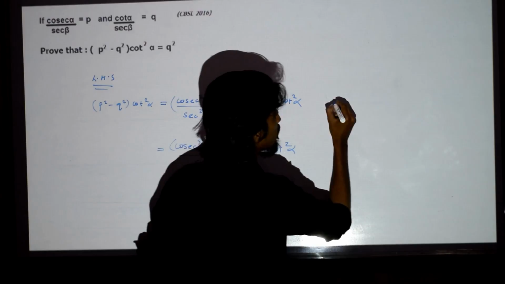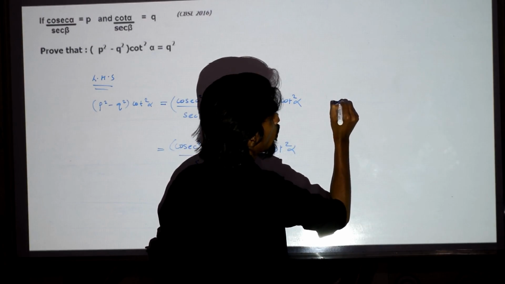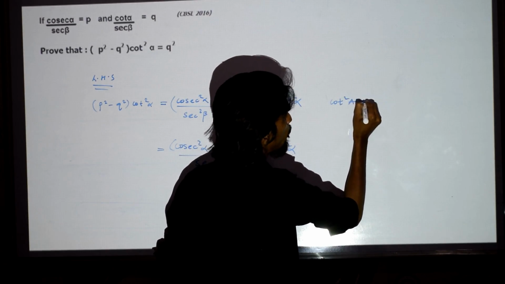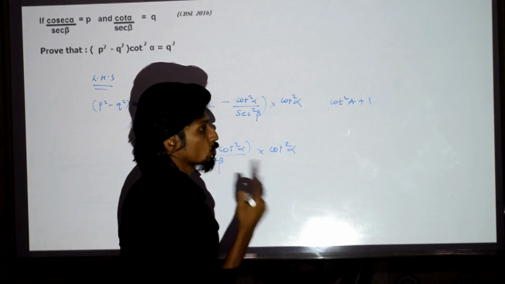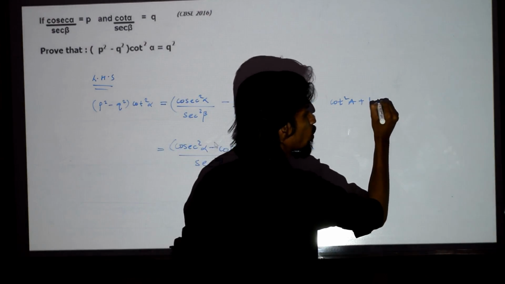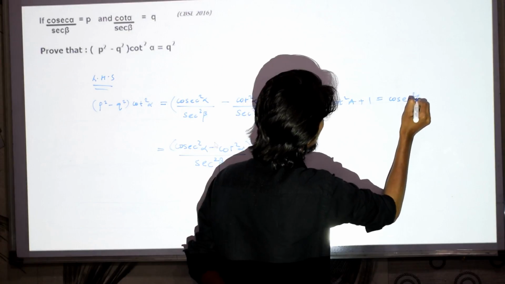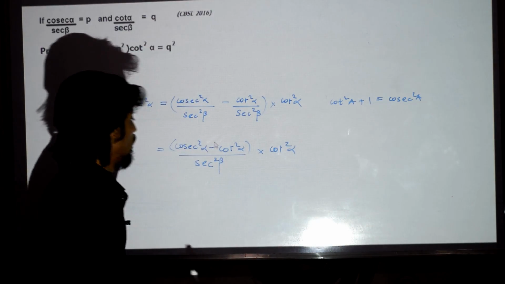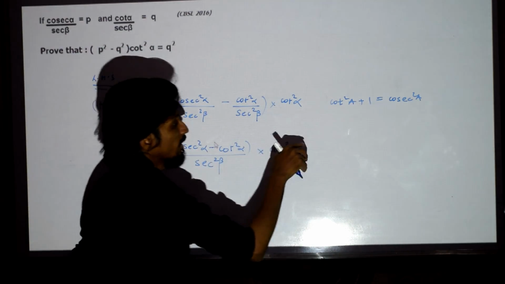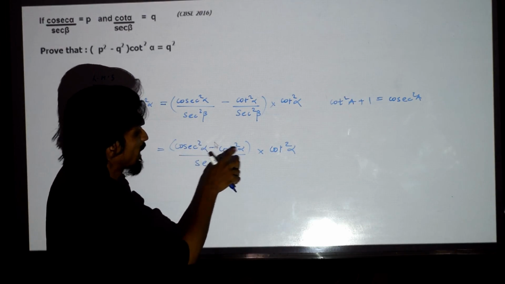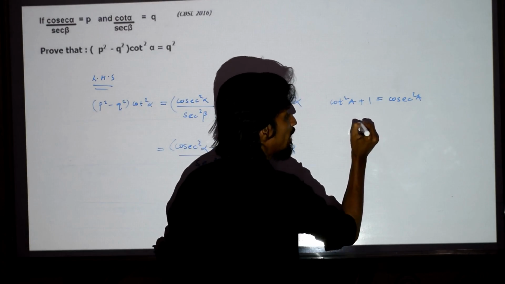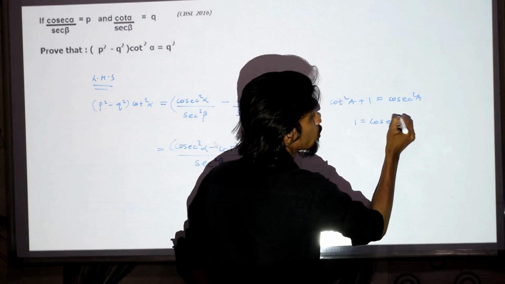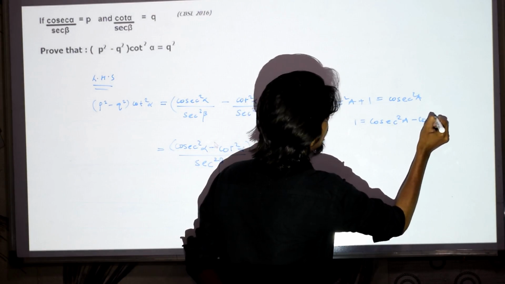What is identity 3? Cot square a plus 1 is equal to cosec square a. But here it is given as cosec square alpha minus cot square alpha, which means that 1 is equal to cosec square a minus cot square a.